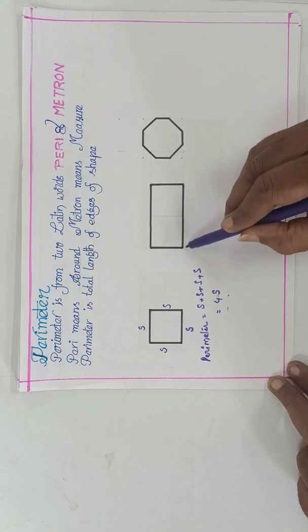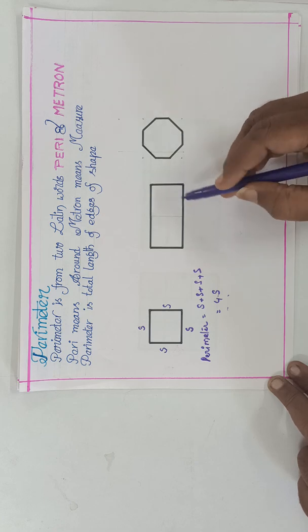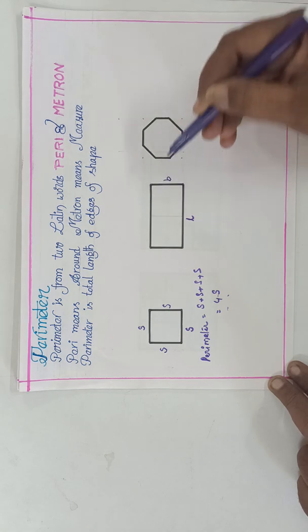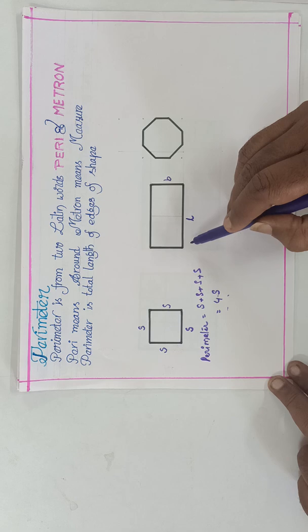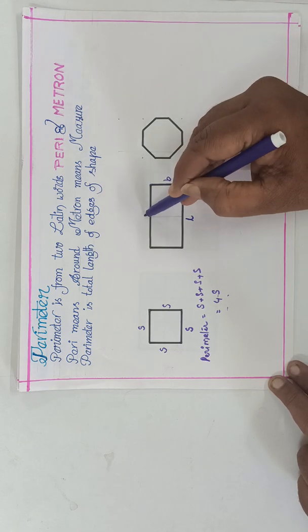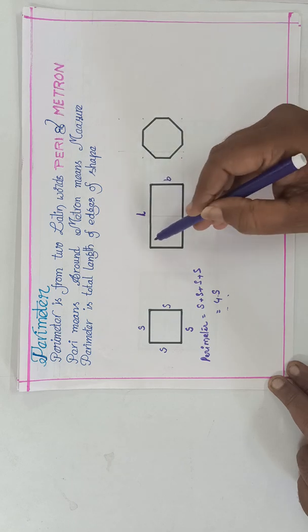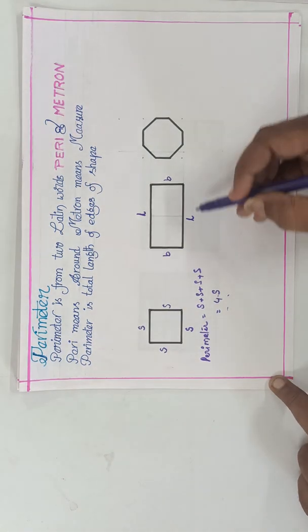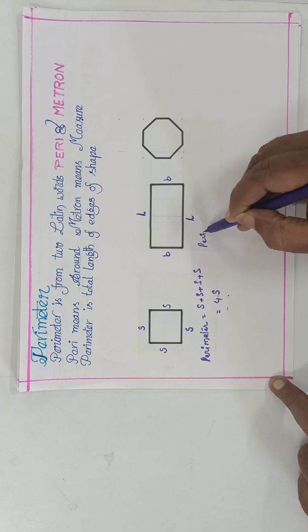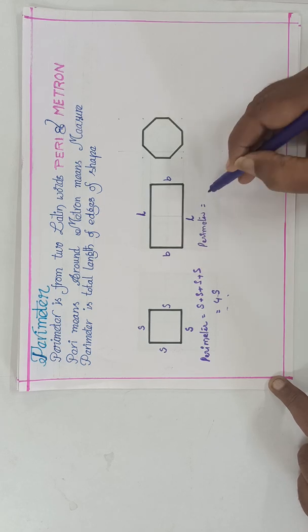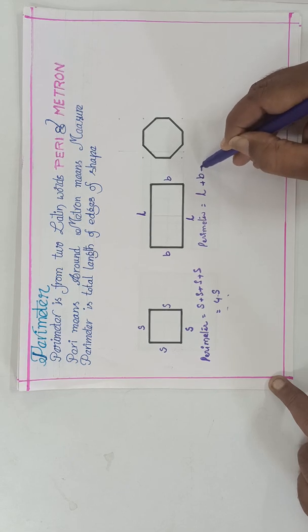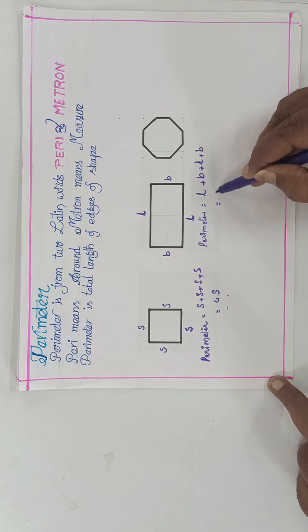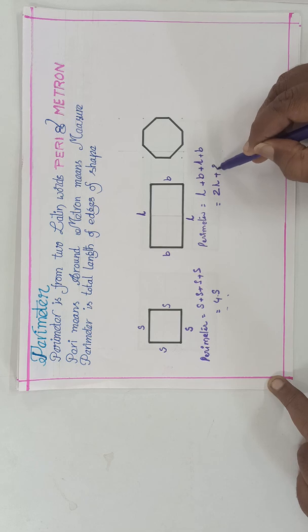Let's say this is length L, and if you take this as breadth B, and this length and this length are the same, so it also becomes L. This length and this length are equal, so it also becomes B. So the perimeter of this shape is equal to L plus B plus L plus B. So here 2 L's and 2 B's, that is 2L plus 2B.